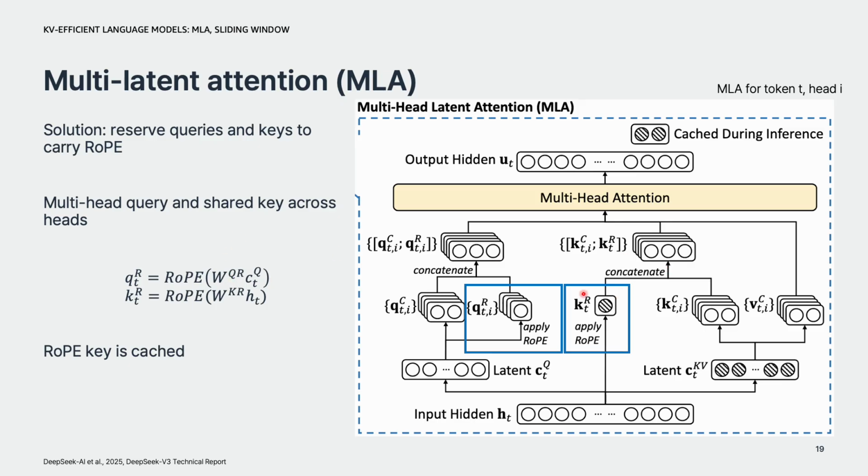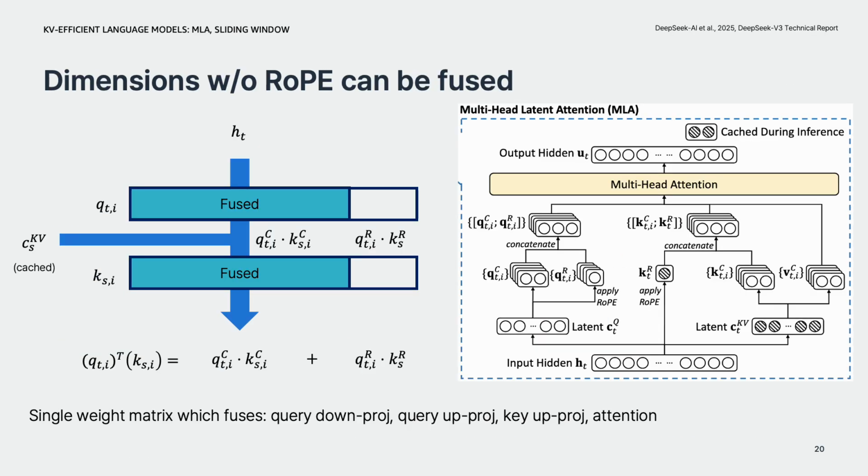As you can see, this RoPE key can be cached and reused. By isolating the query and key dimensions where RoPE is applied, MLA can fuse the remaining dimensions, as we've seen in the fusion slides before. This blue part is basically where the calculations are fused.